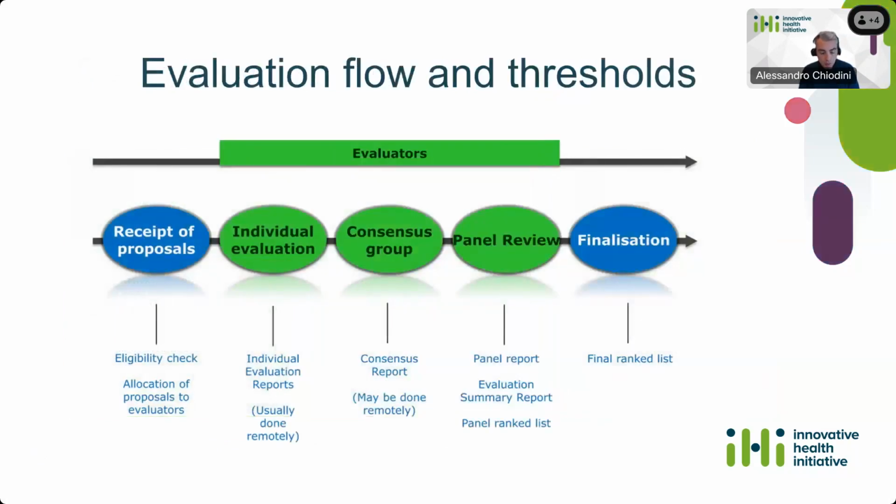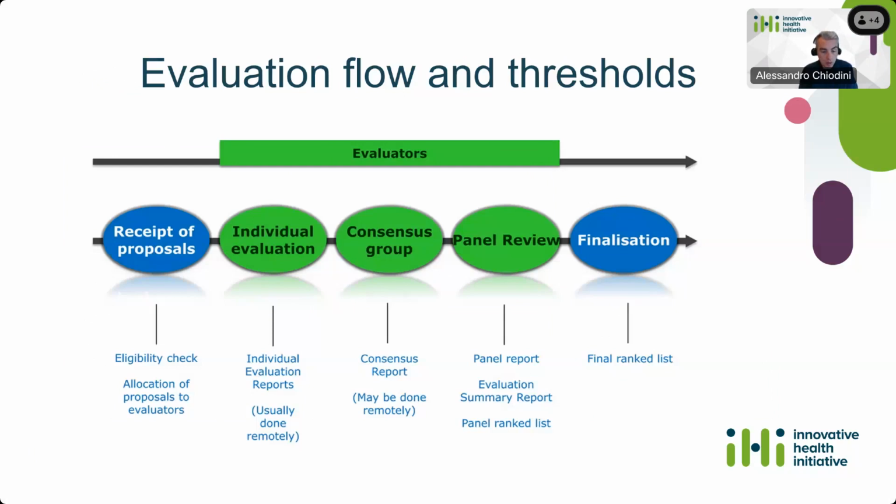Coming to the second part of this section, this is the evaluation workflow. All the information is in the portal and on the IHI website. You prepare your application taking into consideration the topic you would like to submit your proposal for. Once the submission deadline is over, we do a first check, which is the admissibility and eligibility check, making reference to the eligibility criteria Desmond talked about, such as the minimum consortium requirement.